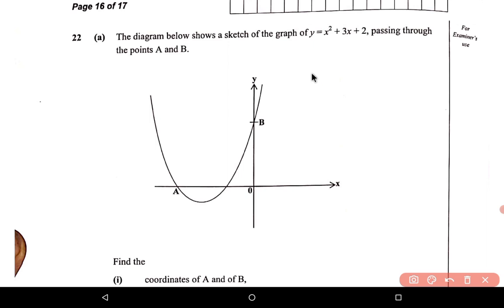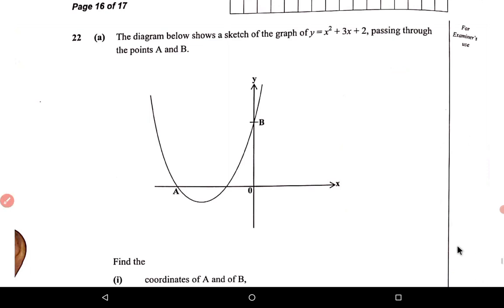So our equation is y is equal to x squared plus 3x plus 2.